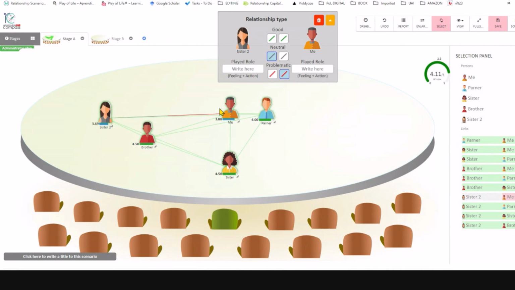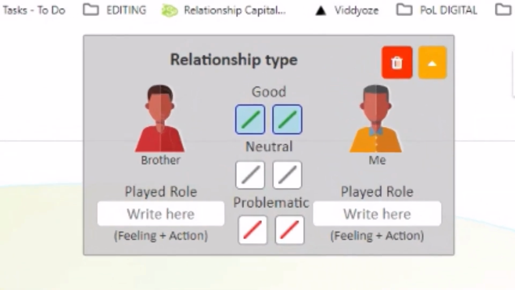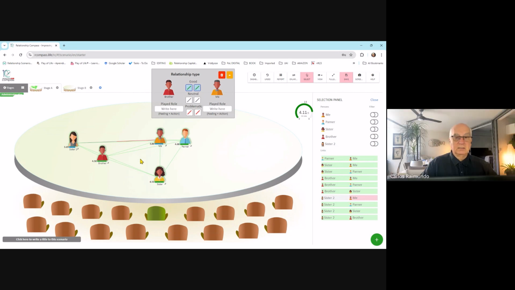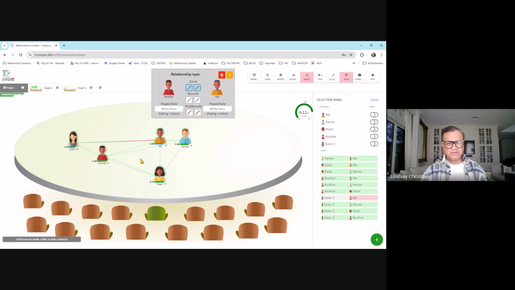Who is next? My brother. Your brother. So we go to the line again. How do you feel towards him? Good. And him towards you? Good. So we leave it like this. Okay. Who is next? And my sister.